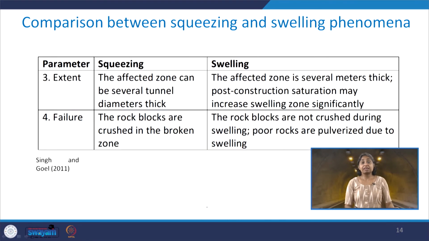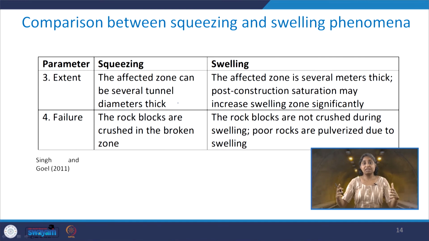Coming to the extent of squeezing and swelling in the rock mass. For the squeezing rock mass, the affected zone can be several tunnel diameters thick. Let us say that if the diameter of the tunnel is 10 meters, so it can be 20, 30 meters like that.